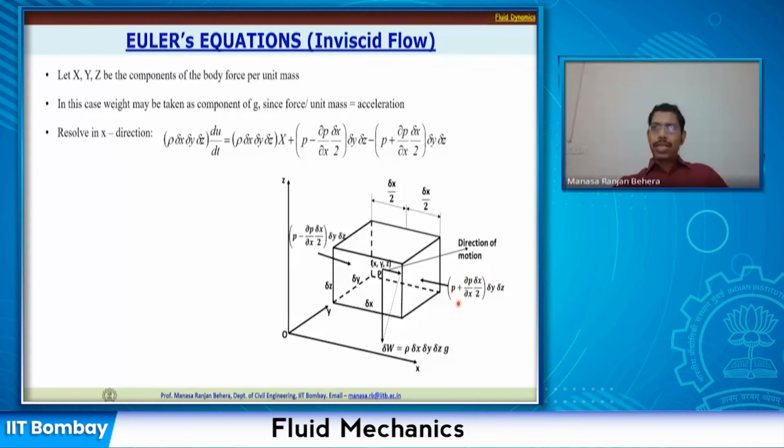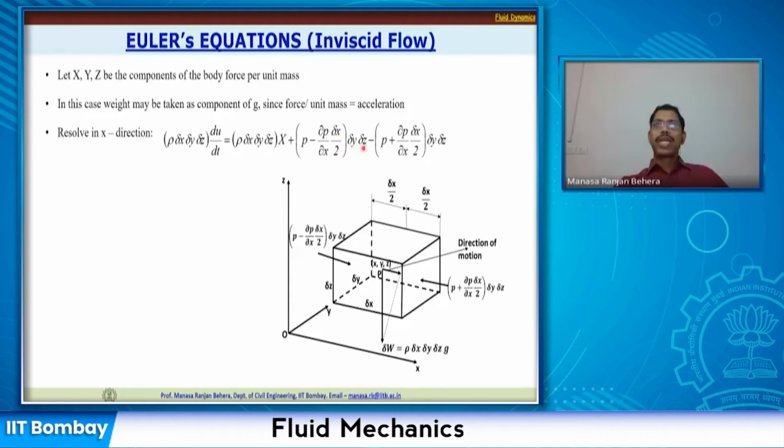Now the pressure here is going to generate a force which will be in the negative x direction. So that's why it is minus P plus dou P by dou x delta x by 2 multiplied by delta y delta z. Now if you resolve this whole thing, if you see here, delta x delta y delta z is present here. In each term there is delta x delta y delta z, as well as here also.